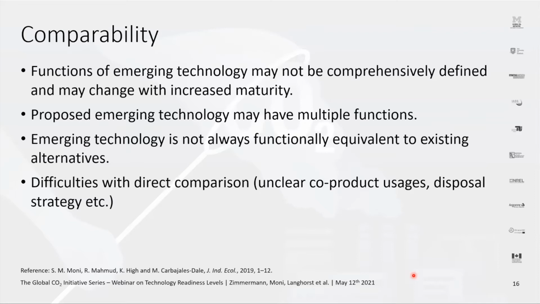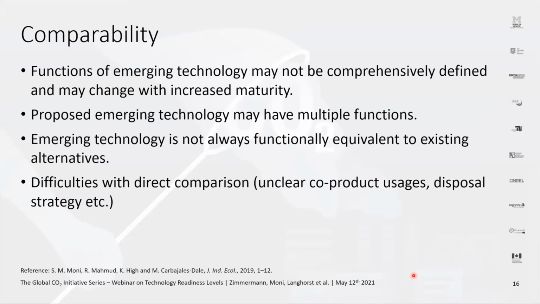So let's talk about the comparability. At low maturity, the function of the technology is not always comprehensively defined, and it can change with increased maturity as more information becomes available. I just want to clarify, it is not that we don't know the function, but an emerging technology is not always a direct replacement of existing alternatives.